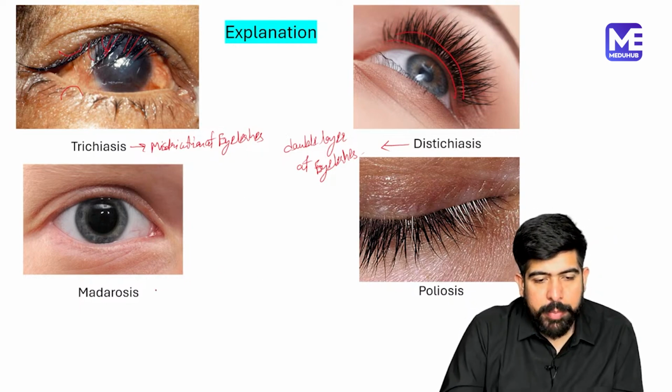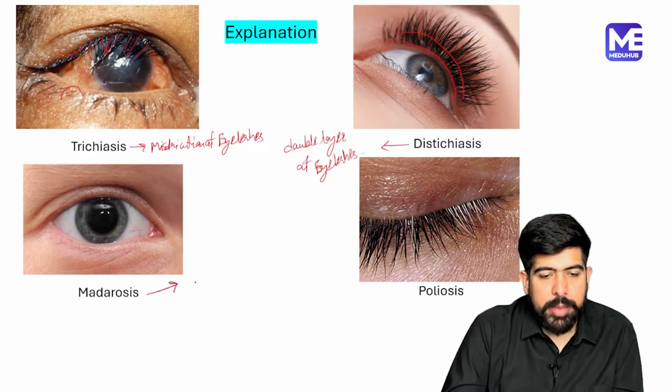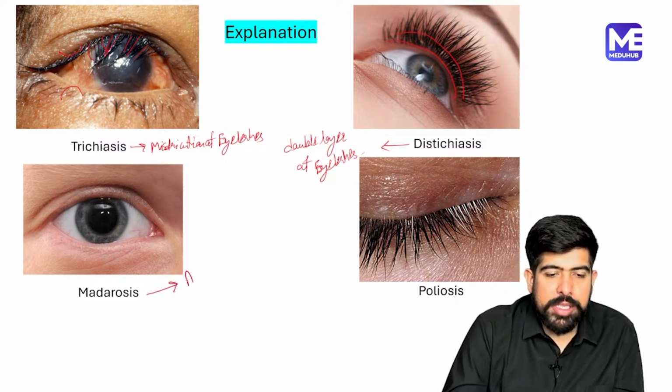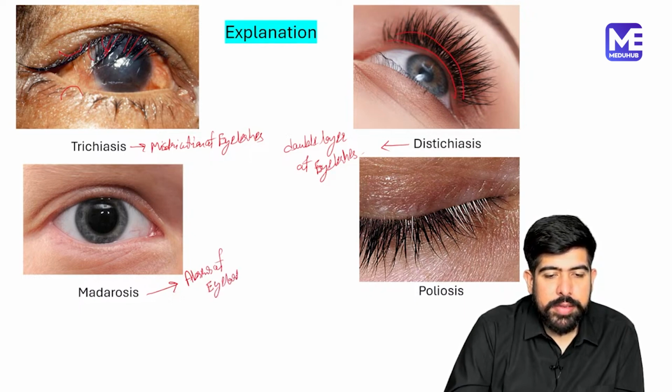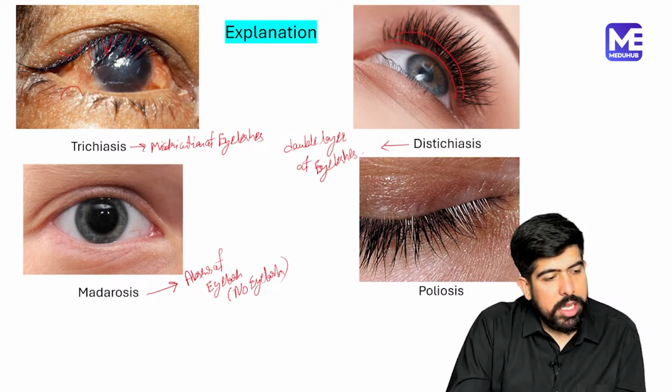Guys, what do you mean by madarosis? What is the meaning of madarosis? There is an absence of eyelashes, or you can write it down, no eyelashes. Yes, we know about it: there will be no eyelashes.